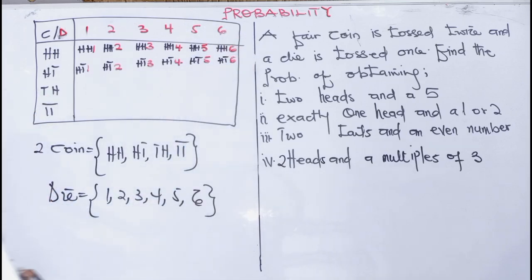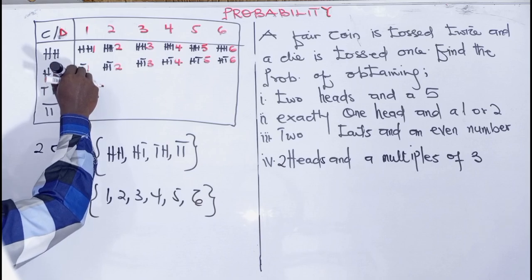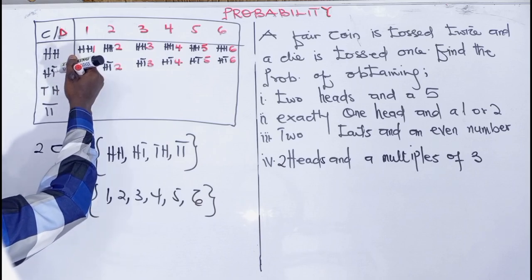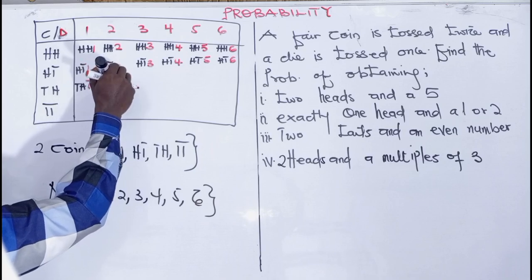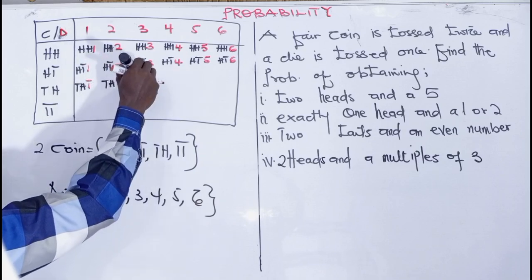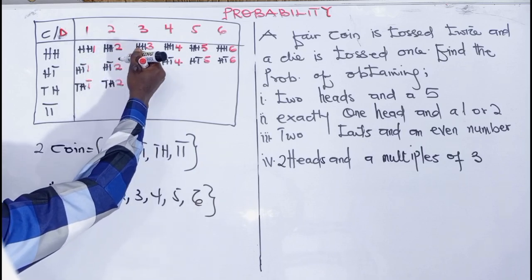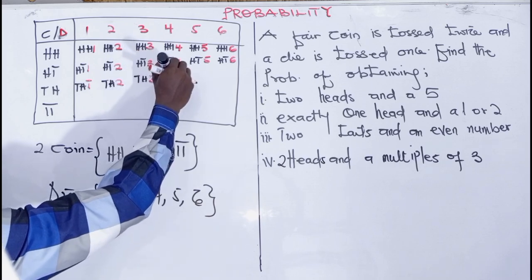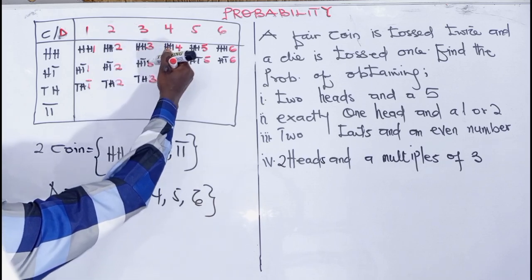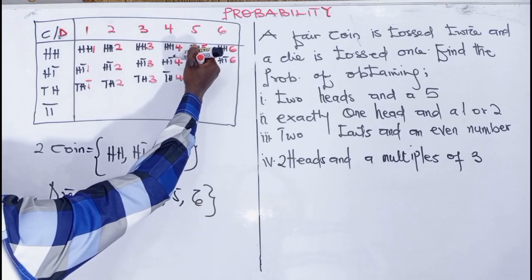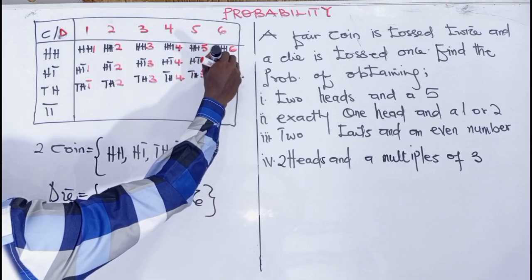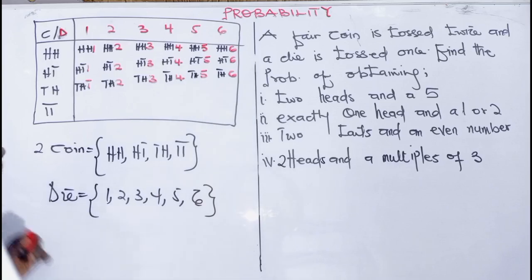Then move on to this: we have tail-head and then the number 1, tail-head and then the number 2, tail-head, the number 3, tail-head, the number 4, tail-head, the number 5, tail-head and then the number 6.